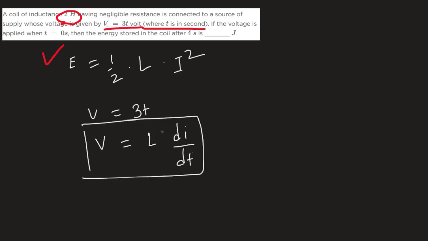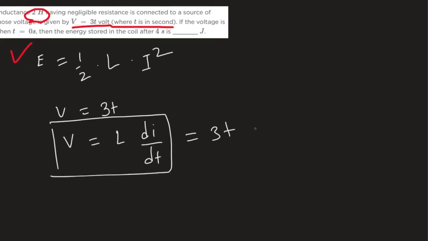Voltage is equal to L, which is inductance, and di by dt. But since voltage is equal to 3t, we can write L di by dt is equal to 3t, which translates to L di is equal to 3t dt.